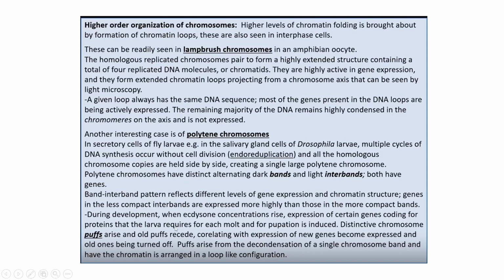During the larva stage, when pupation is induced and ecdysone concentration rises, ecdysone is a hormone which allows the expression of certain genes that help the larva develop into a pupa.